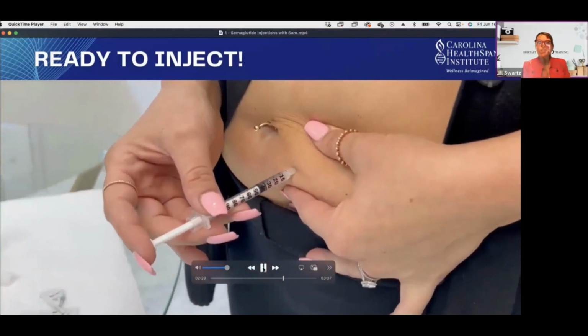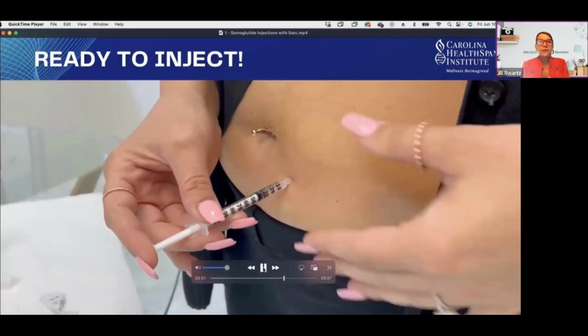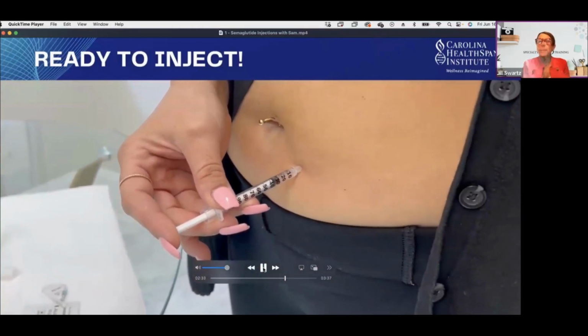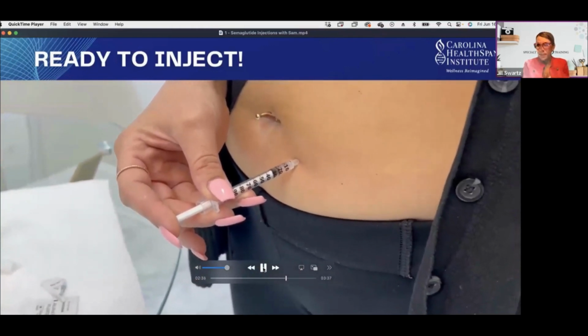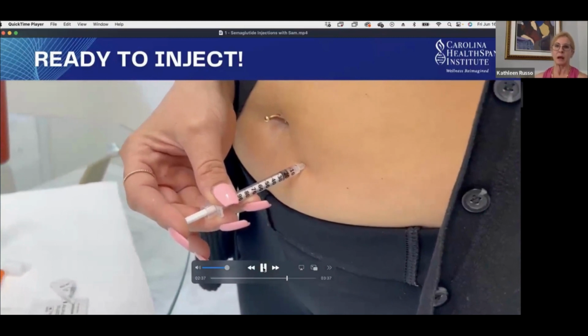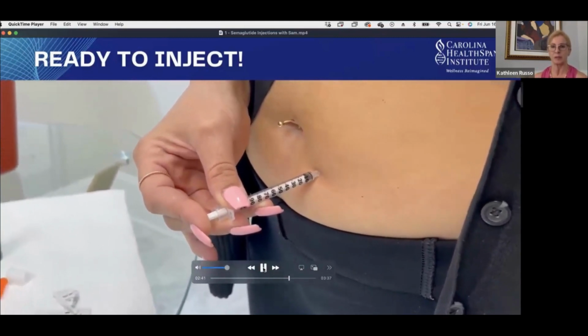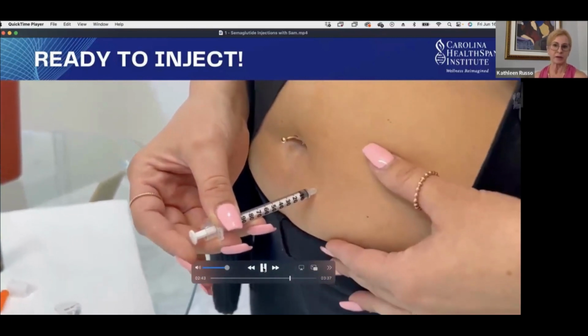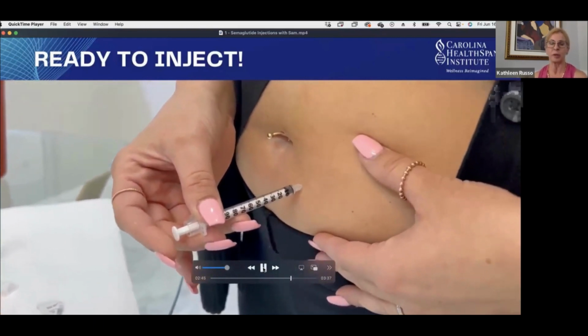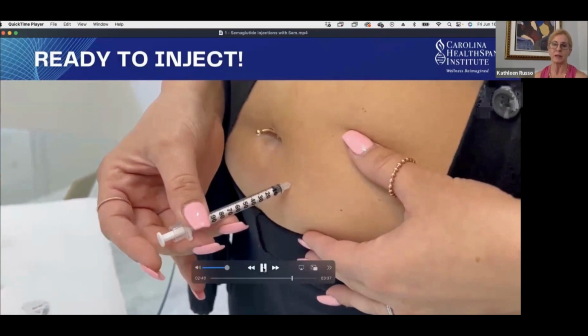And just for knowledge for everyone watching, this semaglutide is the weight loss medication, correct? Yes. Some of the medications that we do use subcutaneous injections for are semaglutide, and tirzepatide, another GLP-1 medication for weight loss.